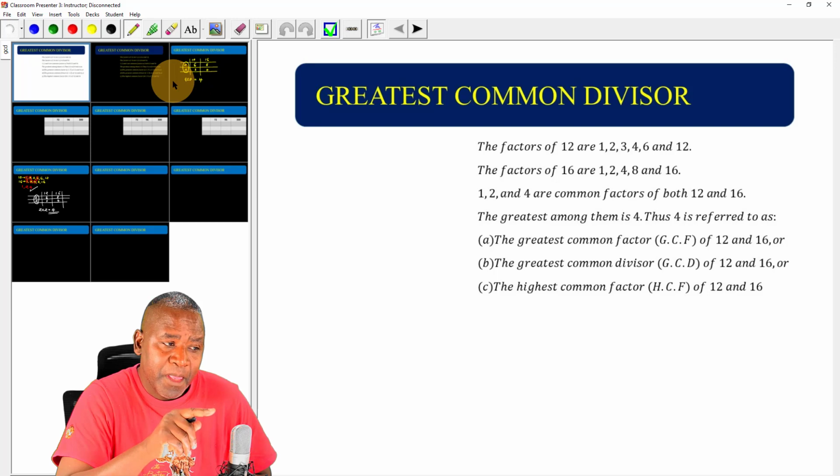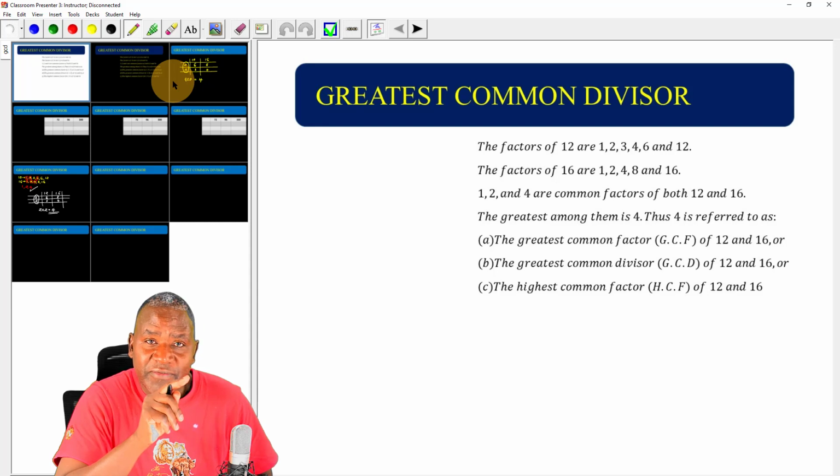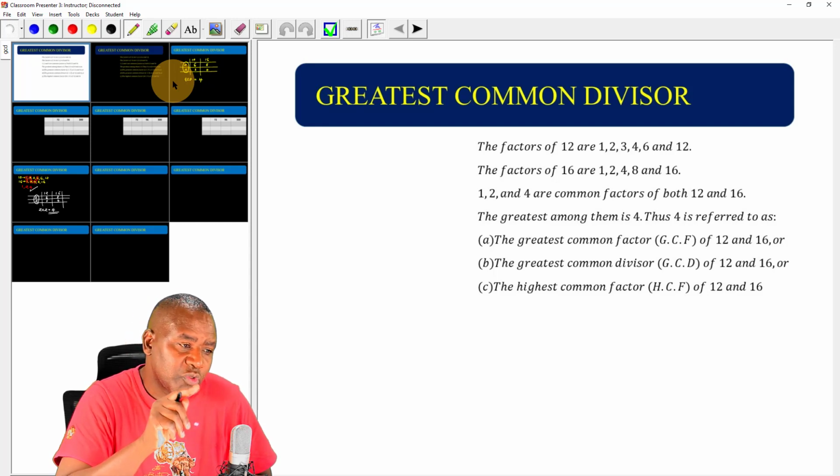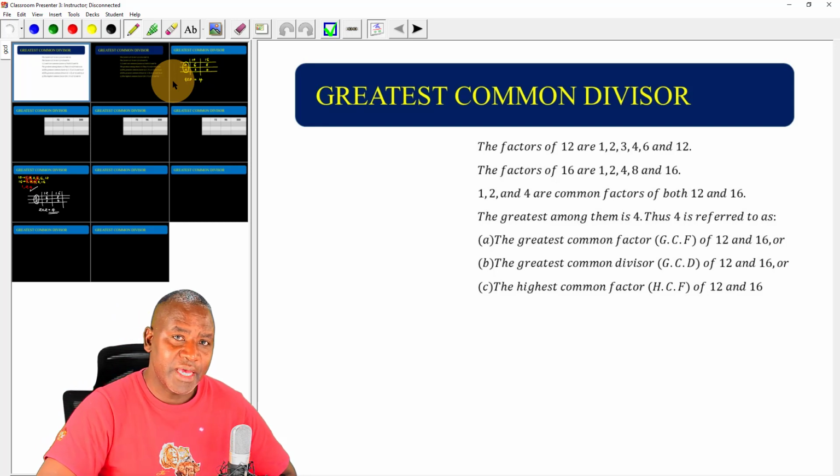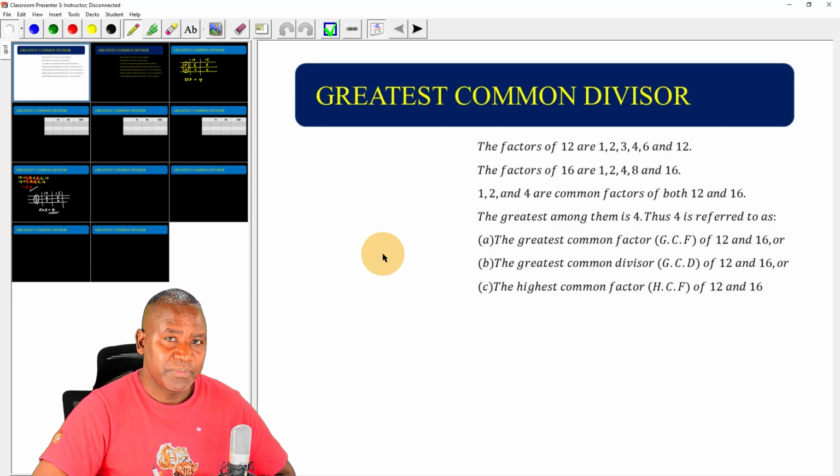So 4 is referred to as the greatest common factor, GCF, of 12 and 16, or the greatest common divisor, GCD, or the highest common factor, HCF. All these terms can be used.